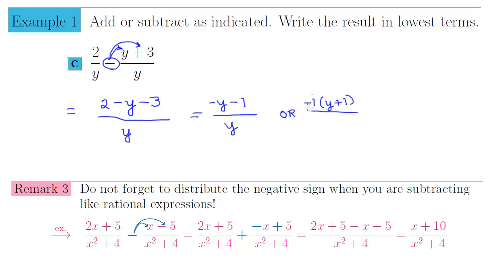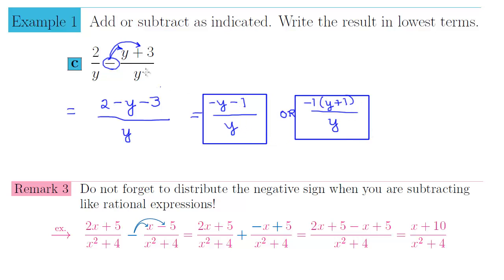You can leave it just like negative y minus 1 in the numerator. Either of those answers is acceptable, can't cancel any farther, and so that would be the result of when you subtract 2 over y minus y plus 3 over y.